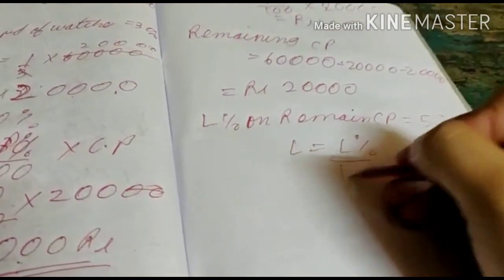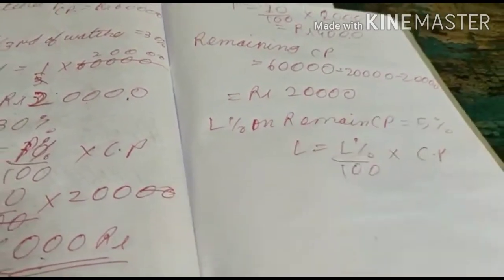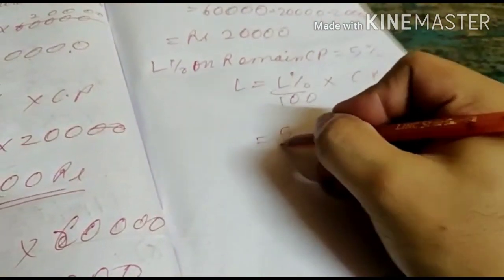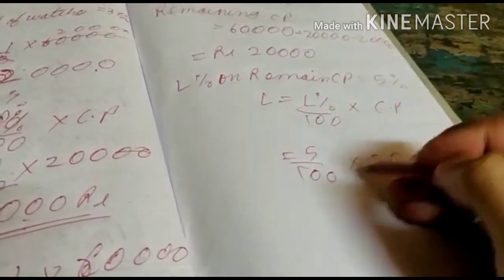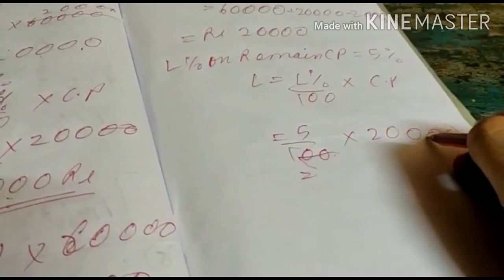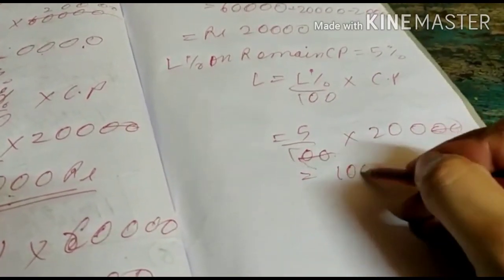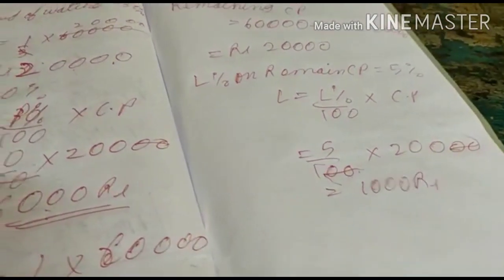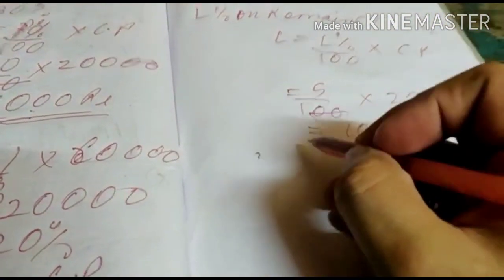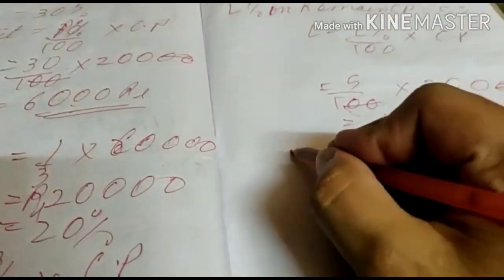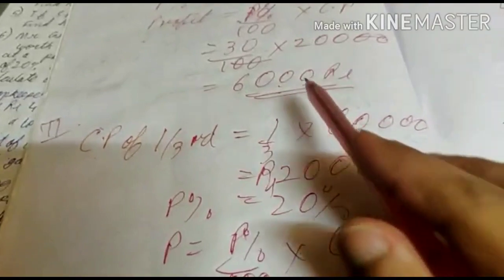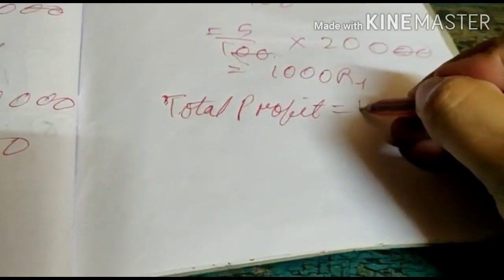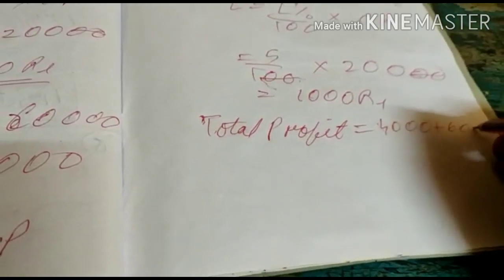Loss is loss percent upon 100 into CP. So here loss is 5 upon 100 into CP, which was 20,000 for this remaining part. So here it is 1,000 rupees. So here we have seen total profit was rupees 4,000 and 6,000. So total profit is 4,000 plus 6,000.